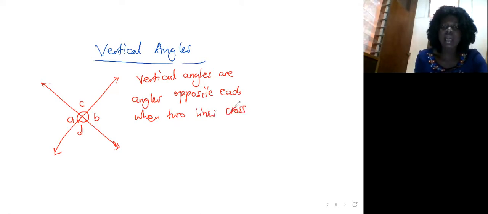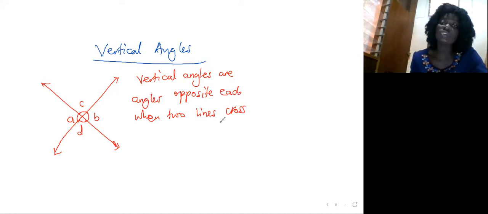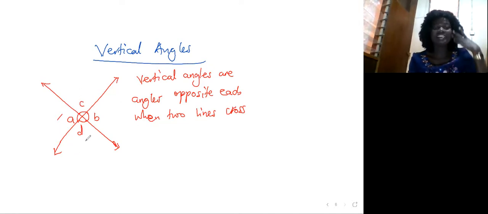Okay, so vertical angles are angles that are opposite each other when two lines cross. So it means that from our diagram, we can say that A and B are vertical and C and D too are vertical. They are opposite each other.